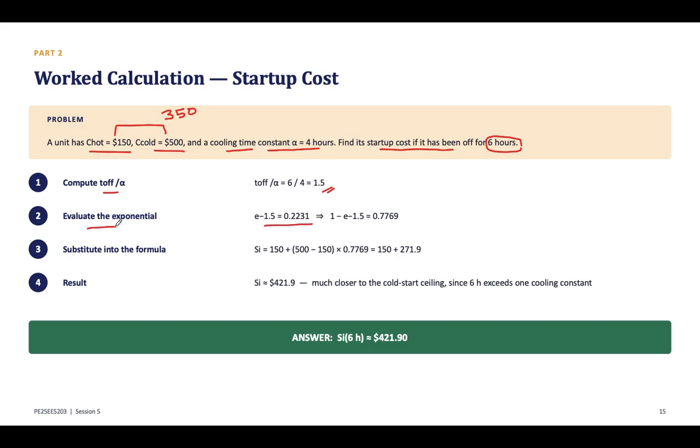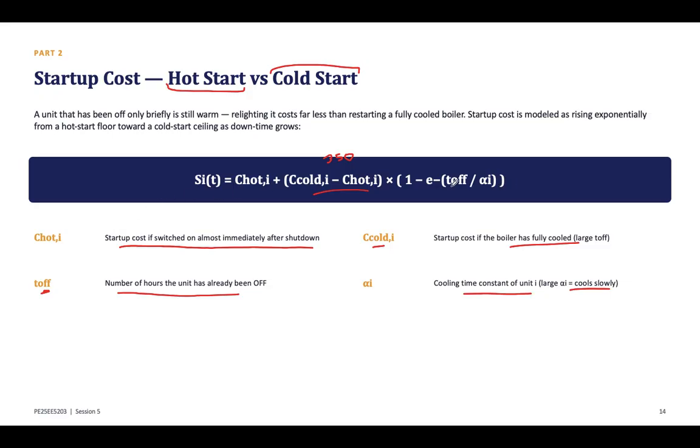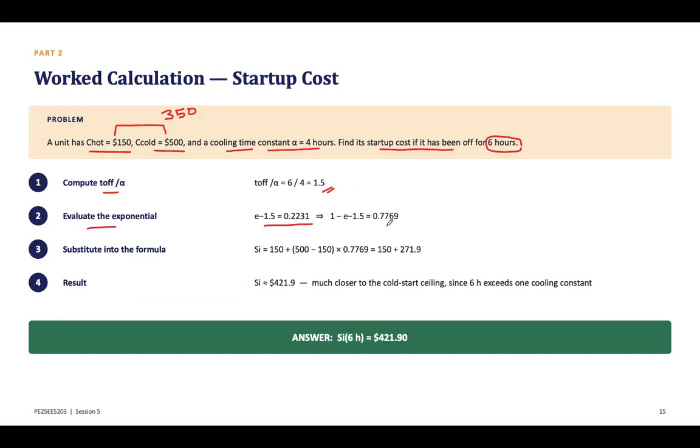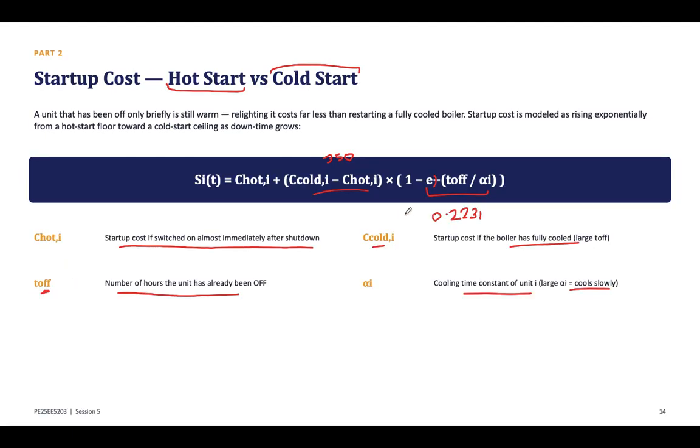You have the exponential here. Can you see this? So this value is 0.2231, right? So the fraction of the cold start transition that has effectively occurred is 1 minus this.